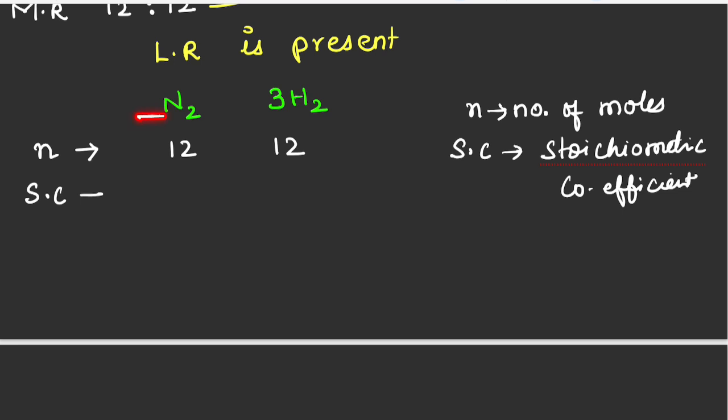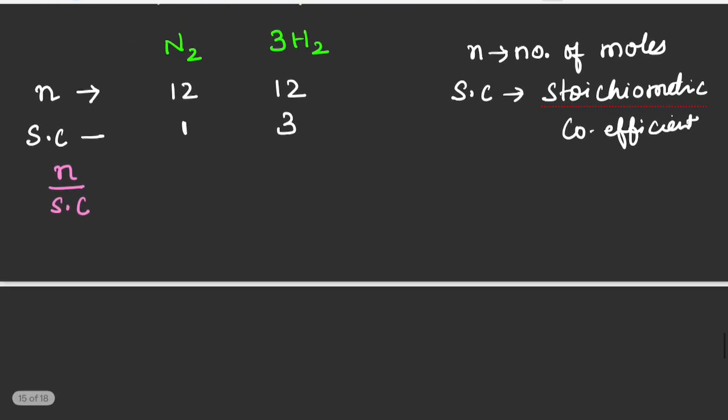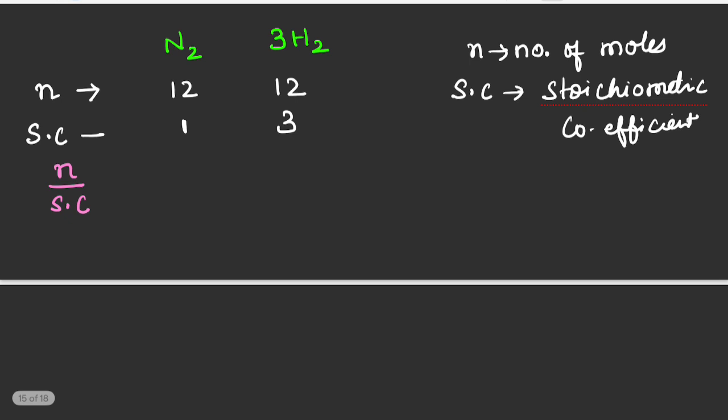Here nitrogen is 1 and hydrogen is 3. Next step is to divide the number of moles by the stoichiometric coefficient. For nitrogen, 12 by 1. For hydrogen, 12 by 3.